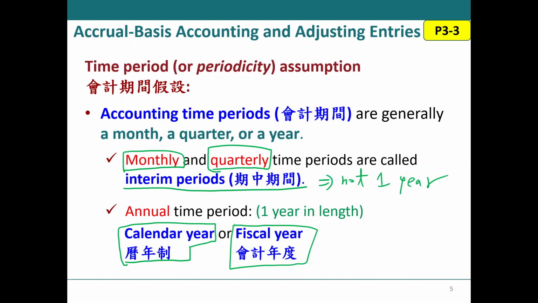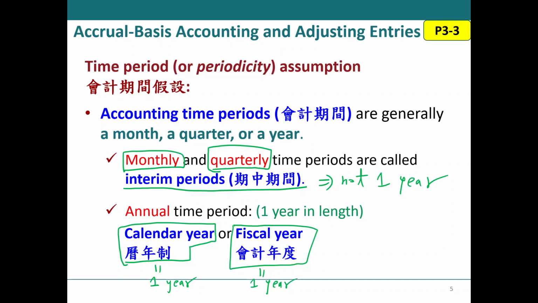What's the difference between calendar year and fiscal year? Both of them are for 1 year. But why in some situations do we call it calendar year, and in what other situations do we call it fiscal year?